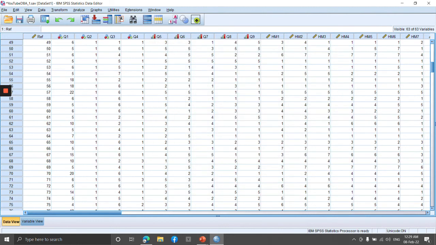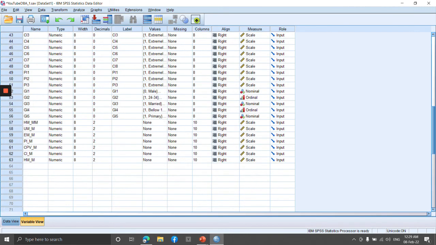Now you will get a new variable called HM mean. This is the new variable we just created. That's why it is in the last row. All other variables have already been formed by me. I just wanted to show you how to compute a mean variable.